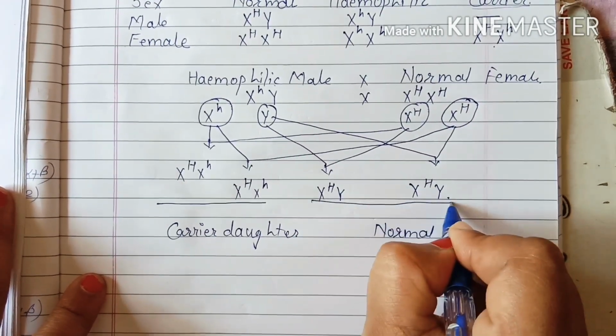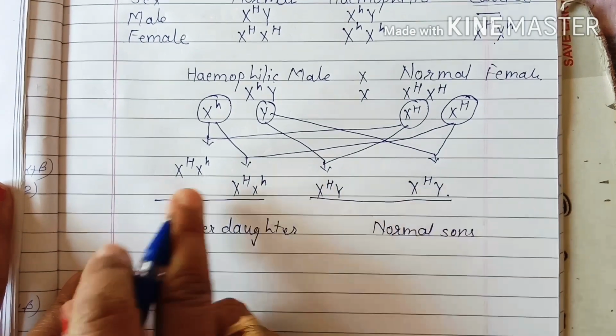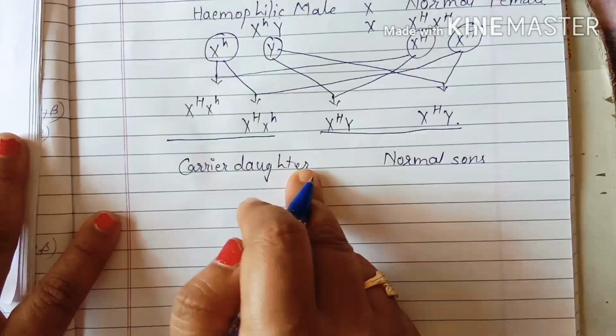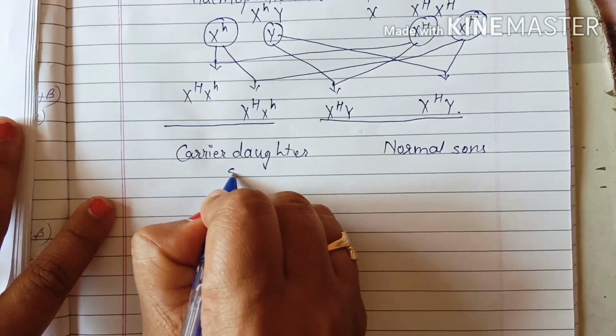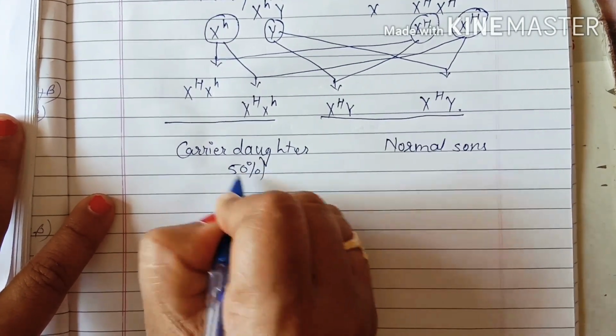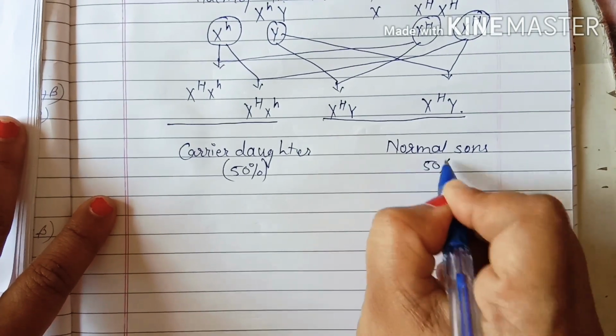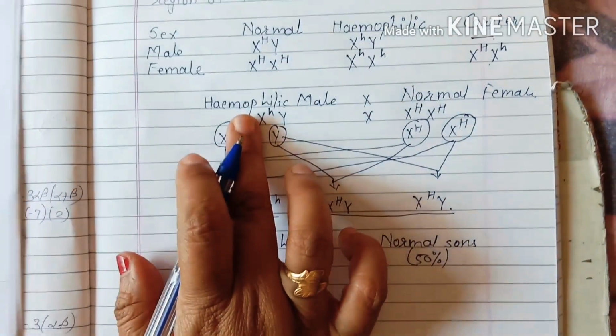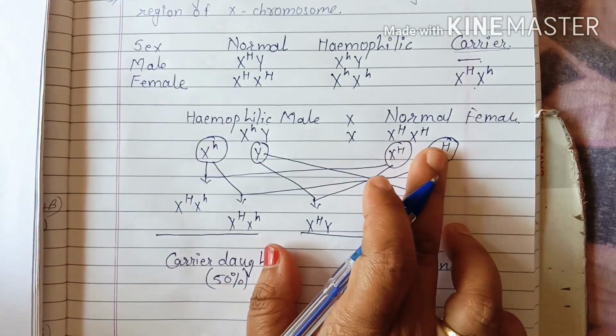This combination shows the normal son, and this combination shows the carrier daughters. So here we can say there are the chances of 50% carrier daughters and 50% normal sons. So here I crossed a hemophilic male with a normal female.